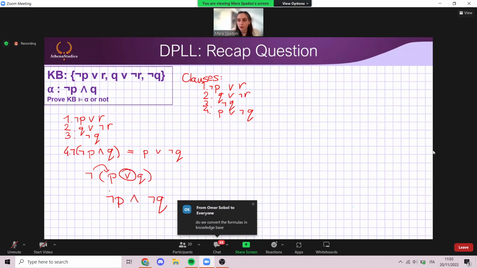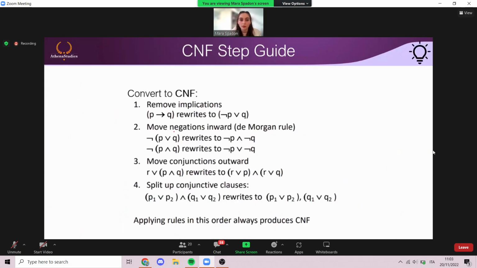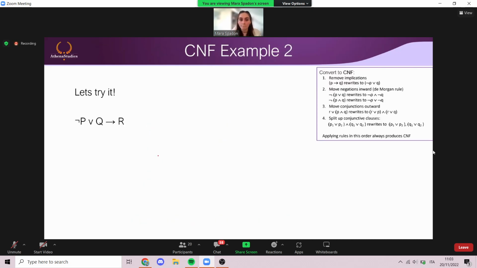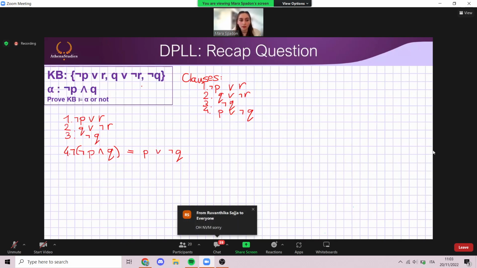But why are we negating it? Because we need to apply normal form to it. One of the steps in normal form was to move the negations inward, remember? So we do that here. Oh, never mind. Okay, great.